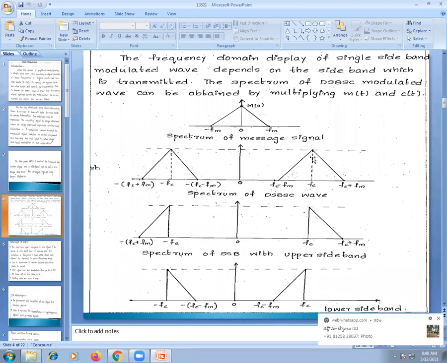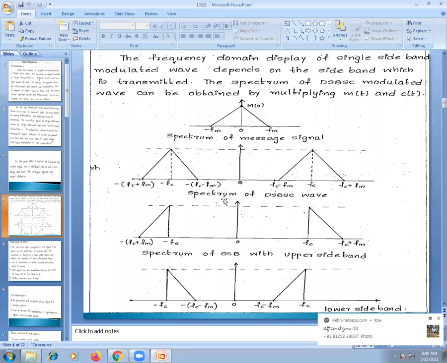If it is a solid line, that is DSB-FC, double sideband full carrier. If you represent the carrier fc as a solid line, that is DSB-FC, double sideband full carrier. If you represent it as a dotted line, the carrier is suppressed.